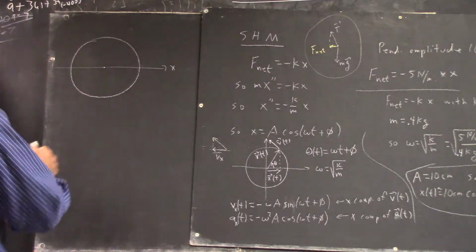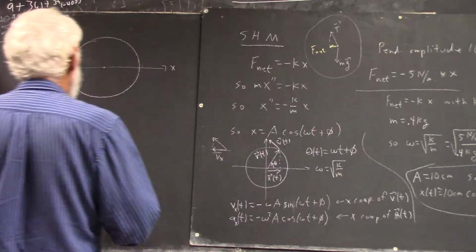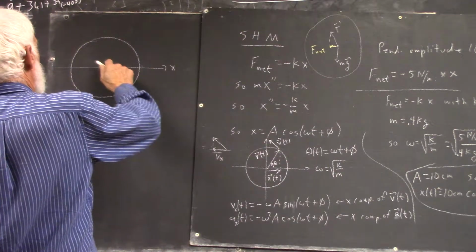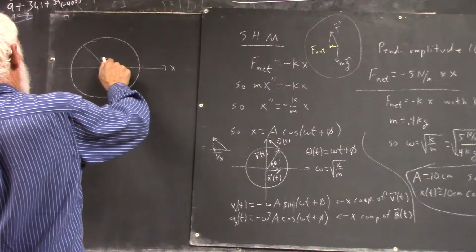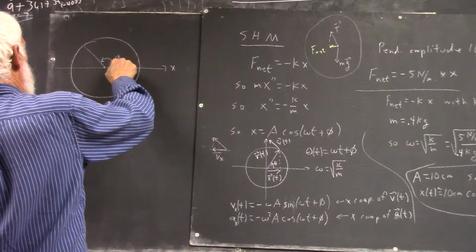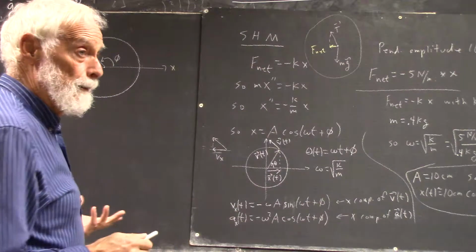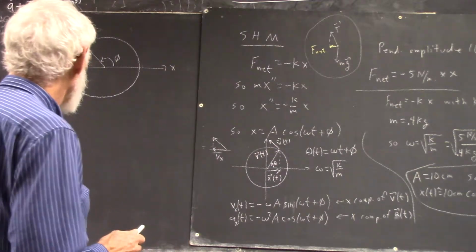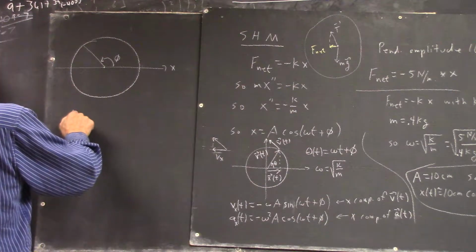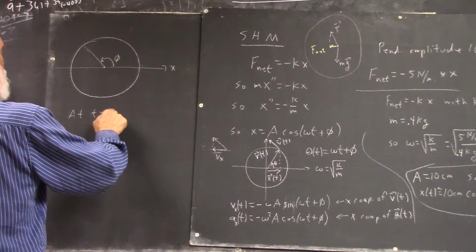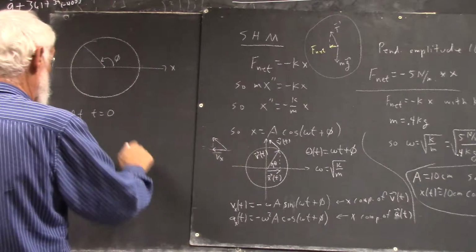But with this picture, let's just say that phi is here. Okay? Well, that means at t equals 0, where is this thing?